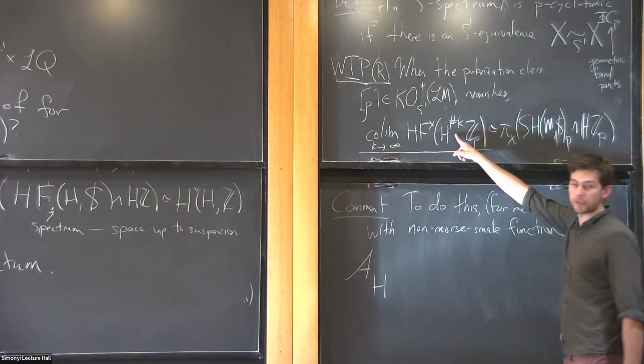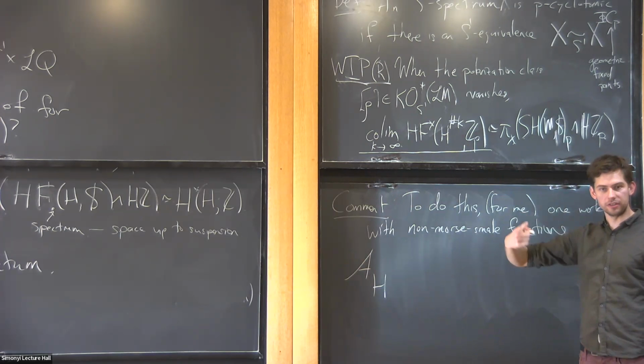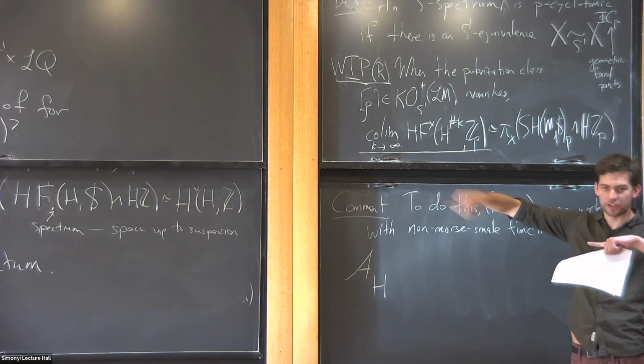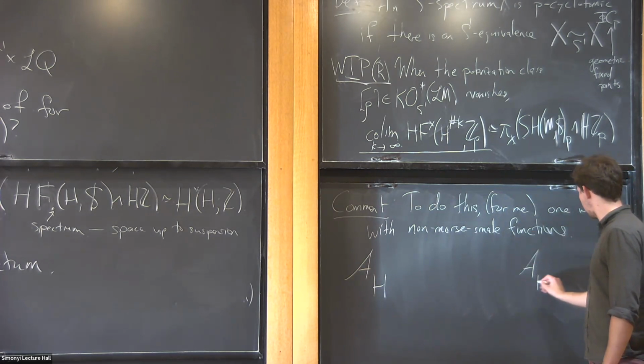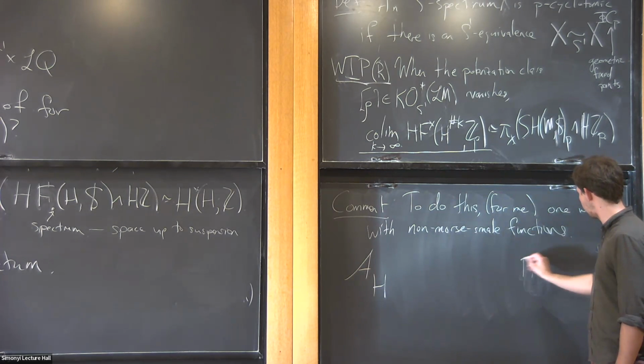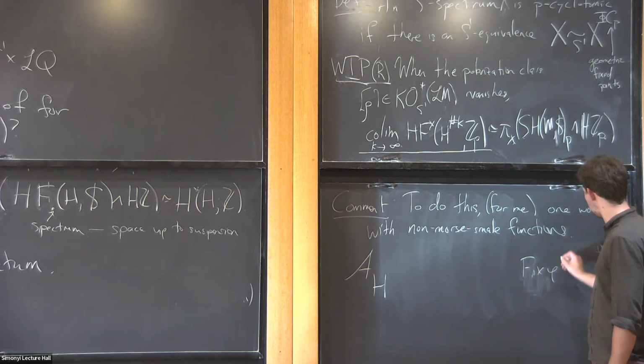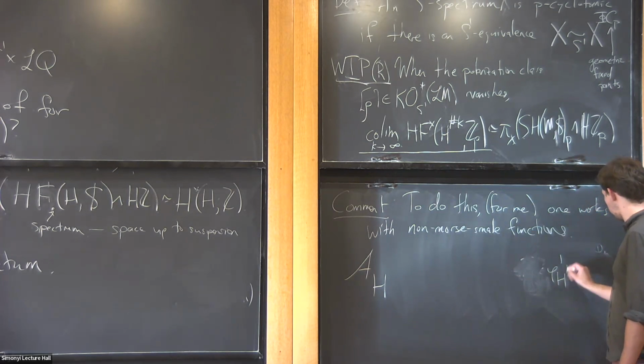And what is this H sharp K? This just means you iterate your Hamiltonian. So you repeat this function a couple times, you get a new function. A_H sharp K has this property that phi_1 of H sharp K is the time K flow of the original Hamiltonian.